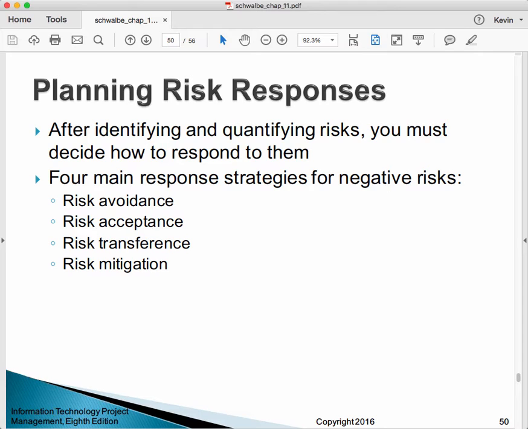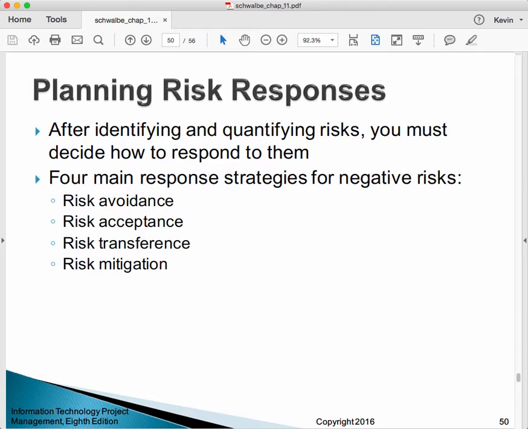Risk acceptance. This is when you look at a risk and you just say, okay, we'll take that risk the way it is. The probability that it's going to happen and its expected impact are tolerable. Risk transference.